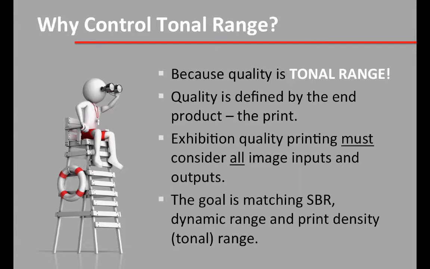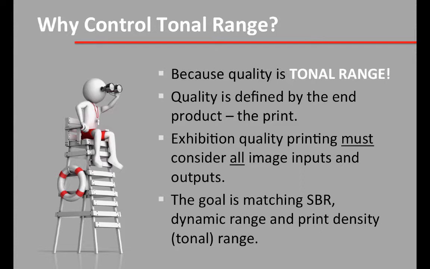But what I want to do is concentrate on the highest quality. And the highest quality isn't graphic reproduction in magazines. It isn't screen-based imaging. It's actually a print for exhibition quality. To achieve high quality in an exhibition quality print, it should have an extensive tonal range, because that's the number one law of quality, tonal range.